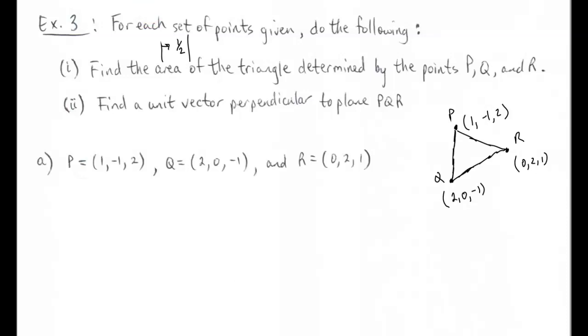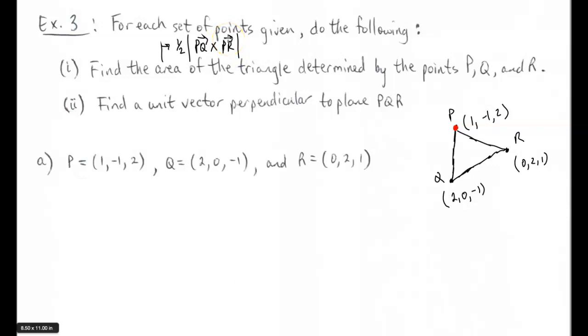And so I am going to use point P as the point that both vectors originate at. So because of that, I am going to be doing 1/2 of the magnitude of vector PQ cross PR.